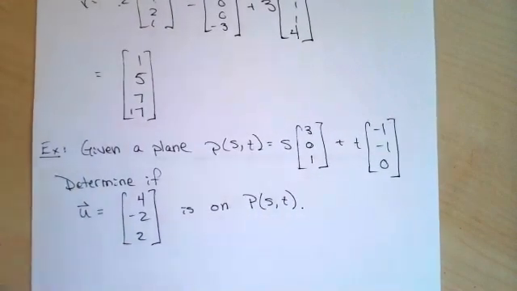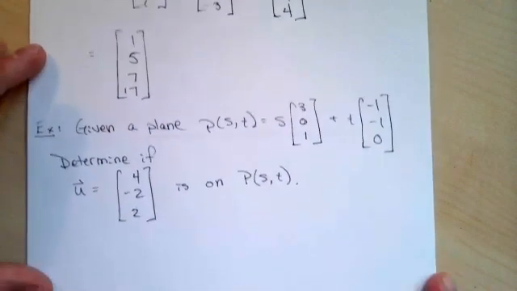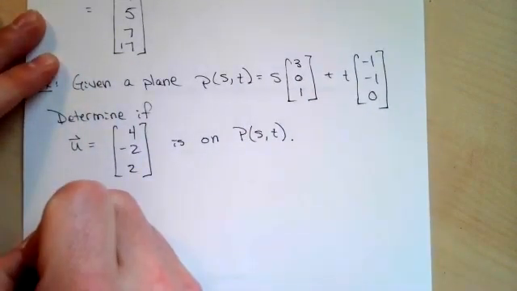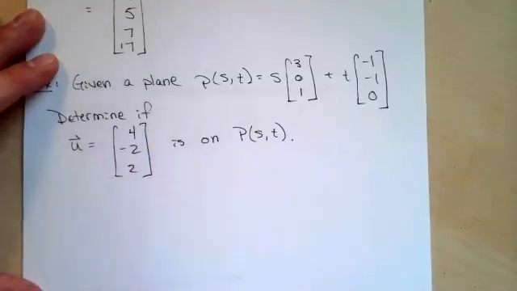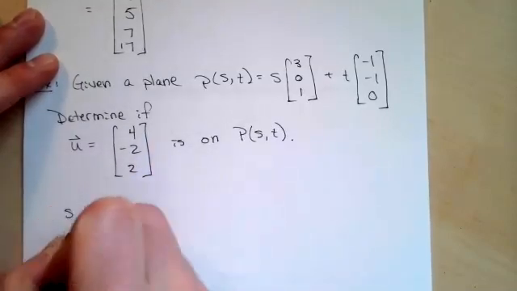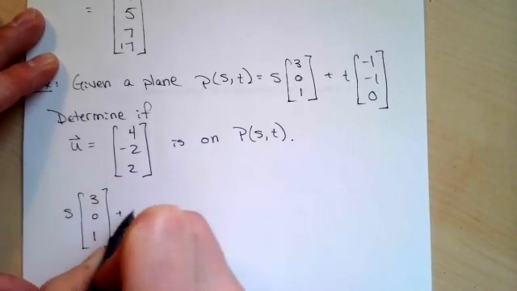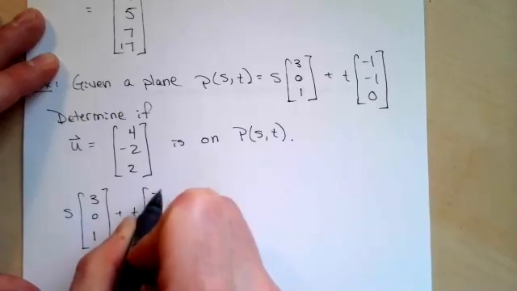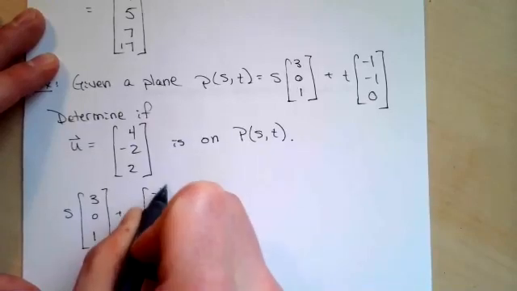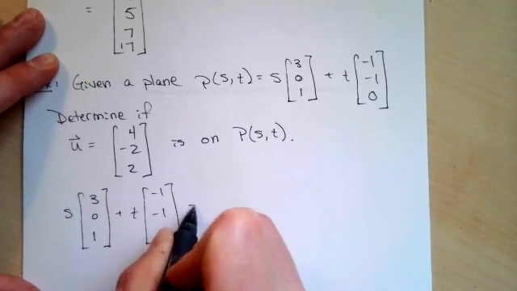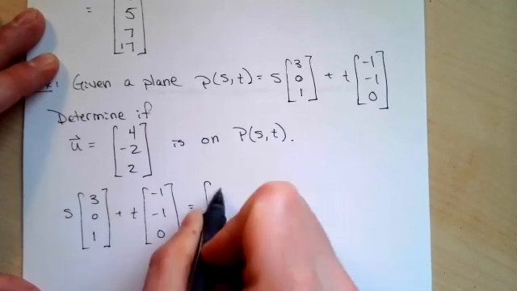So examples like this might show up for this quiz exam on Friday in terms of planes. And so remember, what we want to do is, if this is going to be on the plane, that means I should be able to find the scalars s and t that correspond to this vector u.